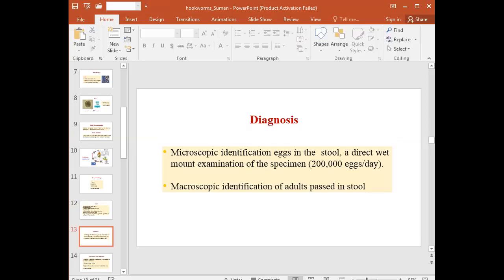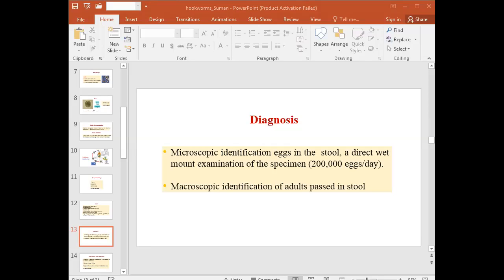Now, how to diagnose? Different diagnostic processes have been performed for the diagnosis of Ascaris. But established infections are diagnosed by microscopic detection of eggs in fecal matter, often using sedimentation or flotation concentration techniques. For flotation concentration techniques, we have to use a sufficient amount of feces.